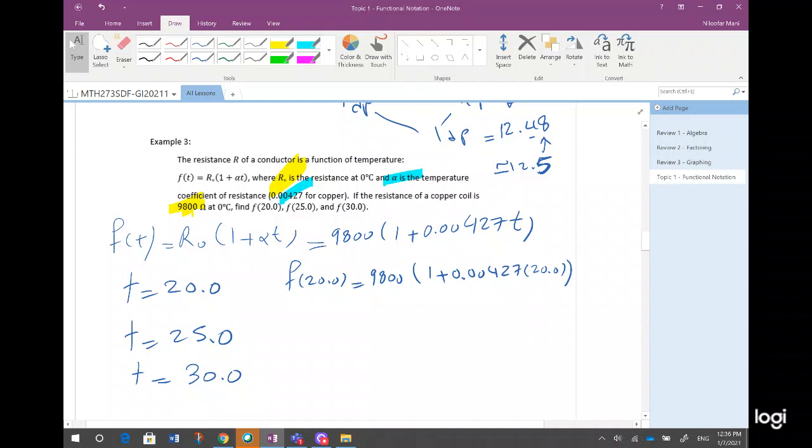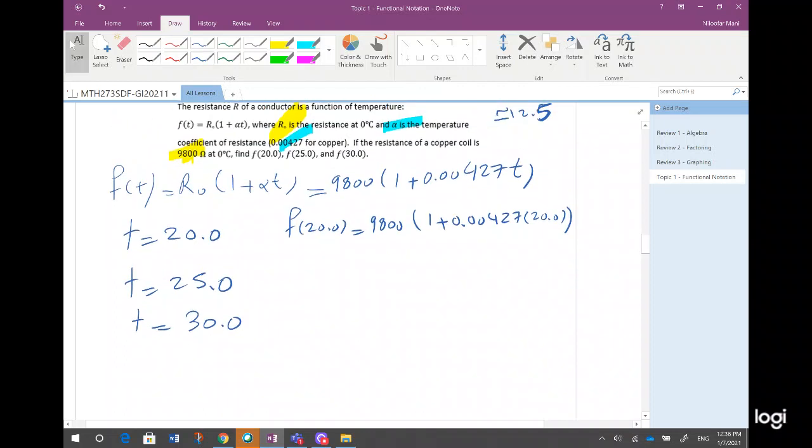Now I continue here. How about f of 25.0? I just substitute 25 for t.